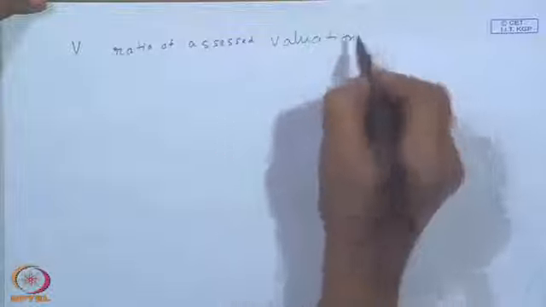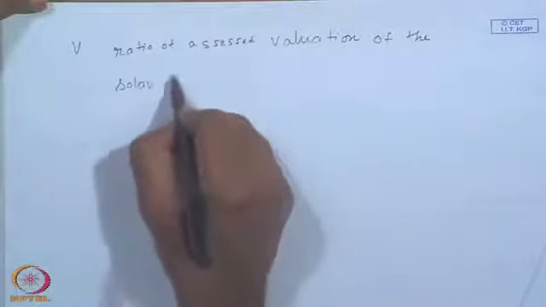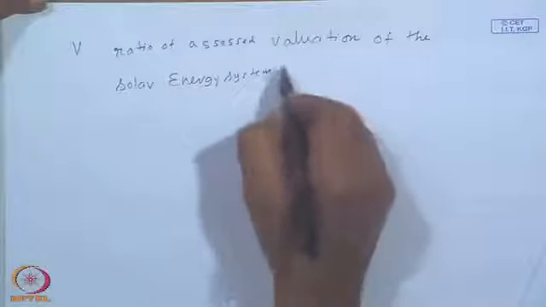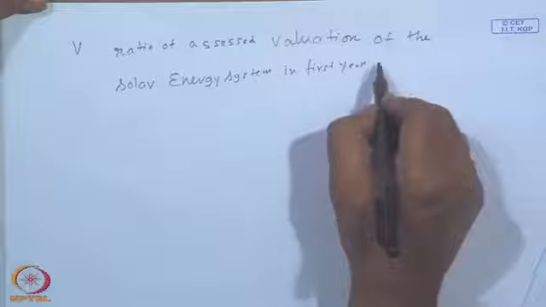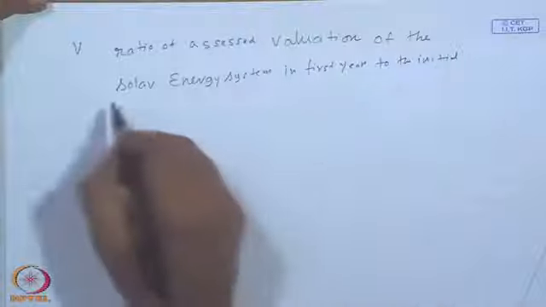And the V is the ratio of assessed valuation of the solar energy system in first year to the initial investment in the system.